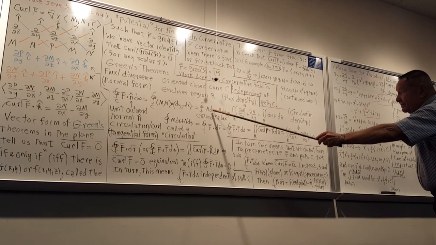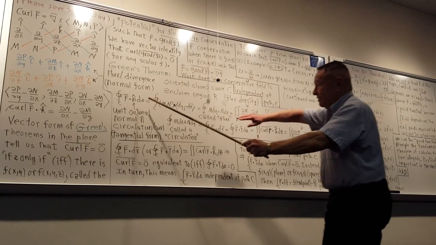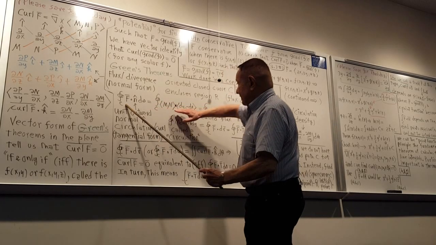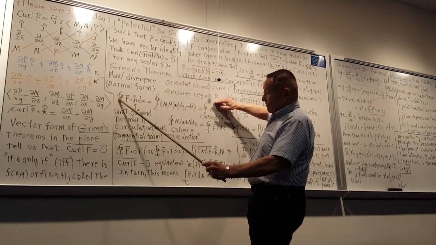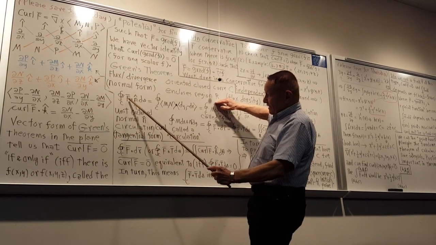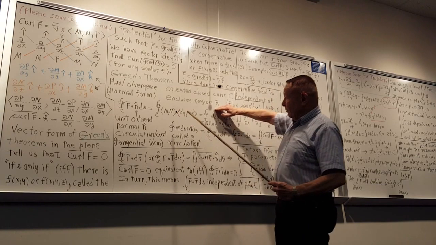In any case, that is equal. These are 3 expressions for the same thing. This integral around the contour of the field dotted with the outward pointing normal.